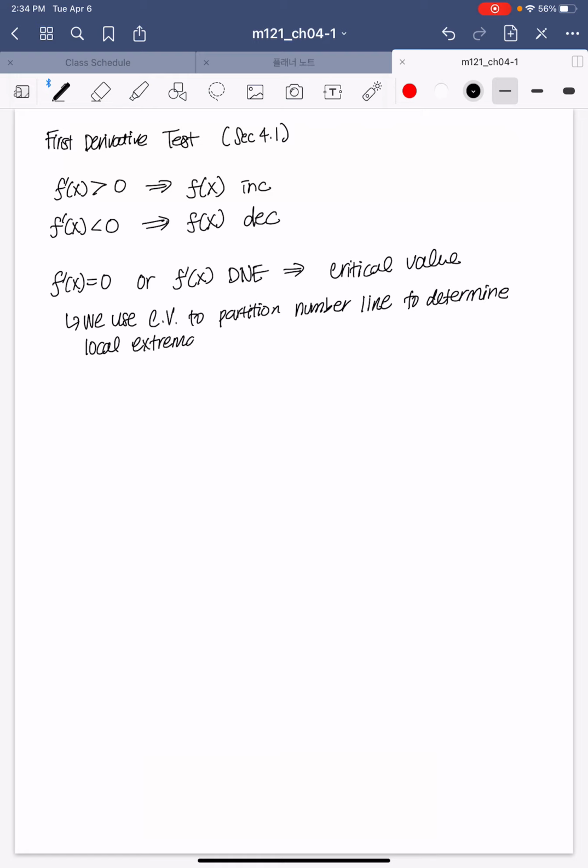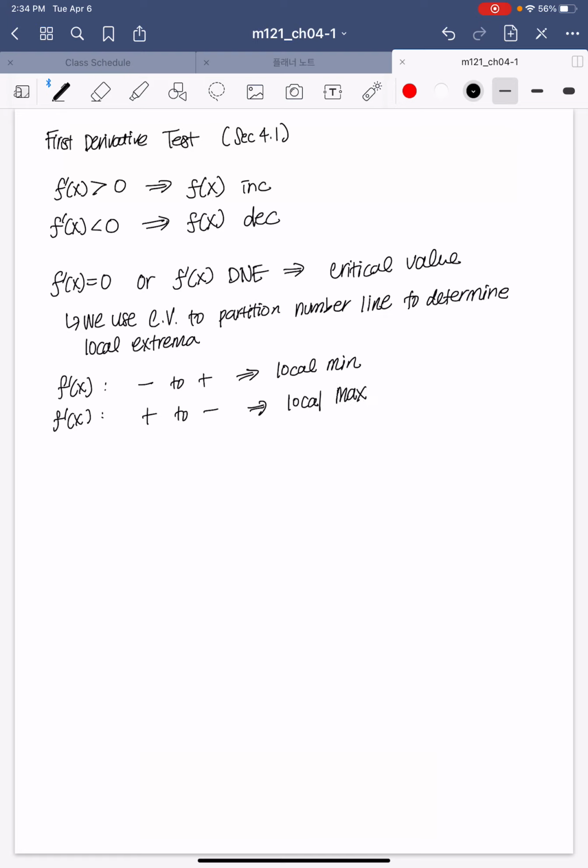So in other words, if we had a first derivative value, using the test number, going from negative to positive sign, then we call that critical value a local min. And if we got positive to negative, then we have a local max.